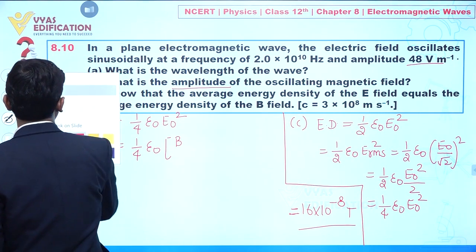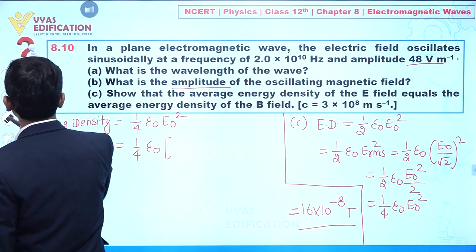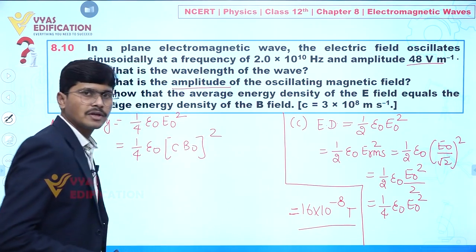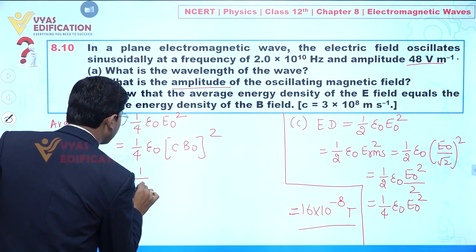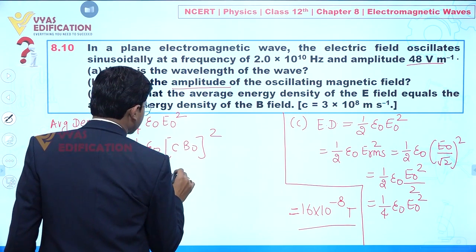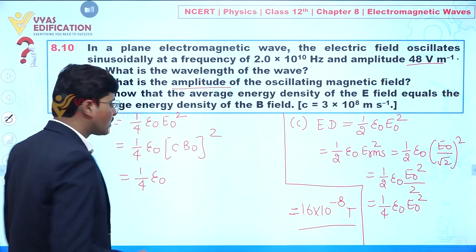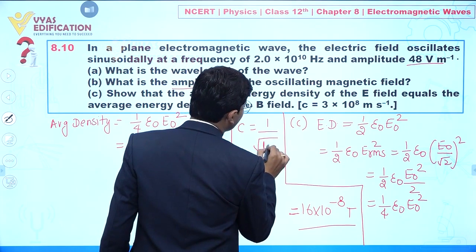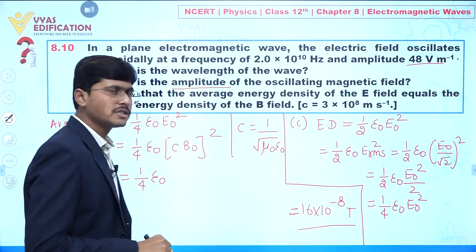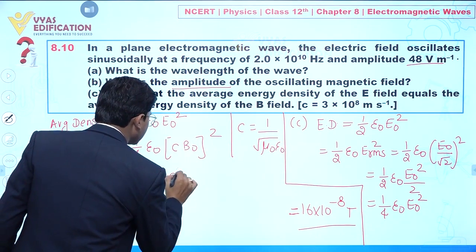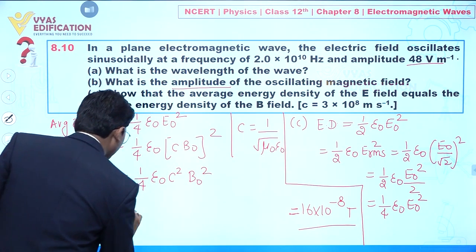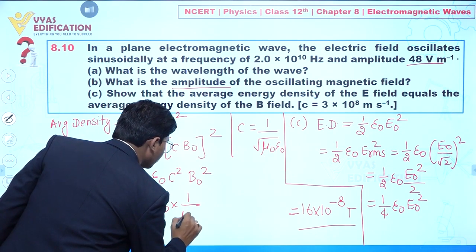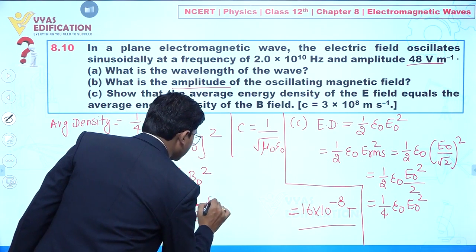So from here we can write E naught is C times B naught, so E naught square is C square B naught square. So this is 1 by 4 epsilon naught into C square B naught square. And we know one more relation, C is given by 1 upon under root of mu naught epsilon naught. Now we can put the value of C square as 1 by mu naught epsilon naught, times B naught square.